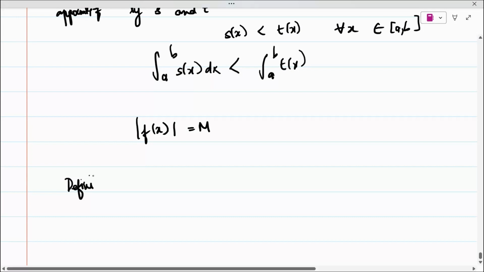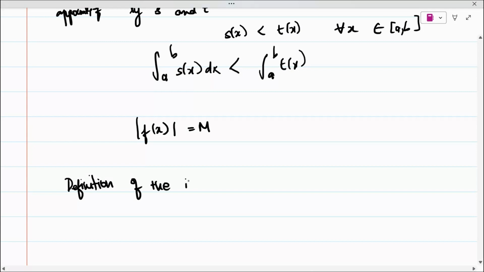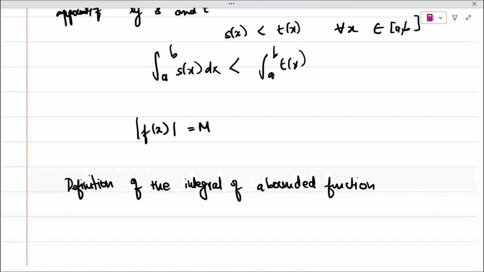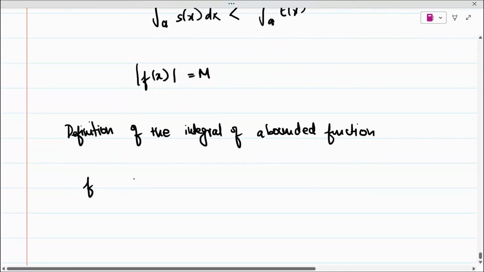So, definition. We define the terms, what we need, what we don't.